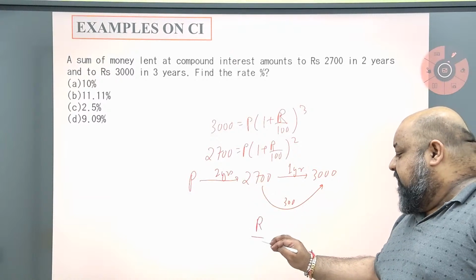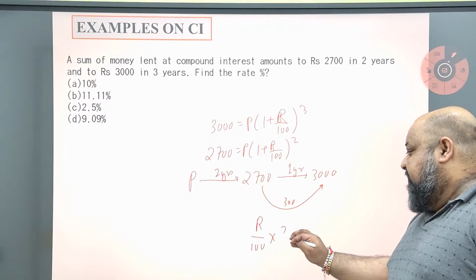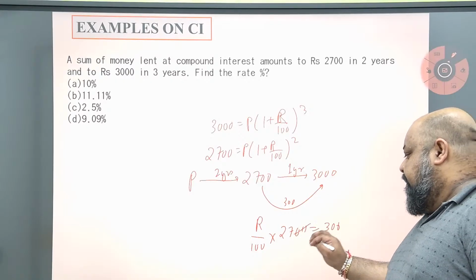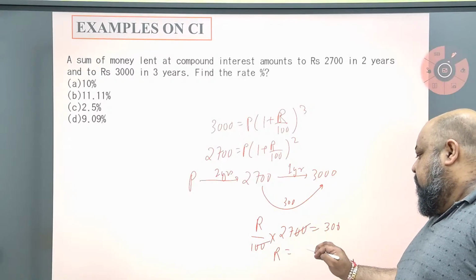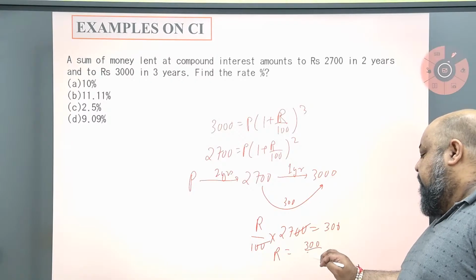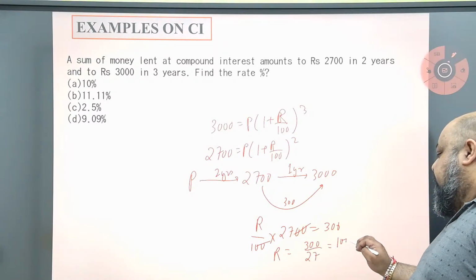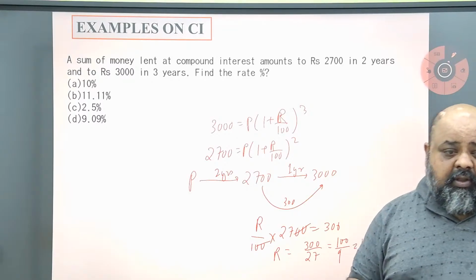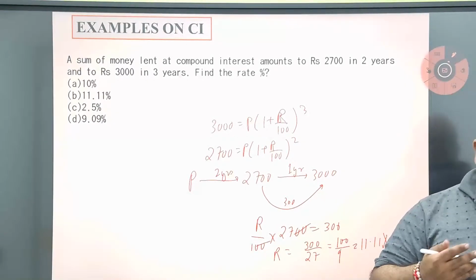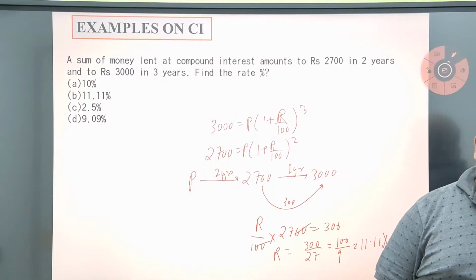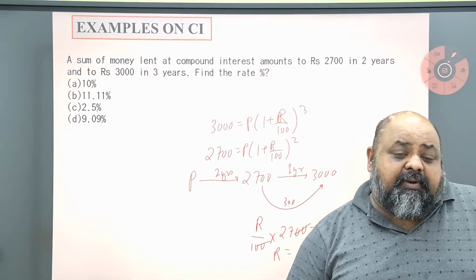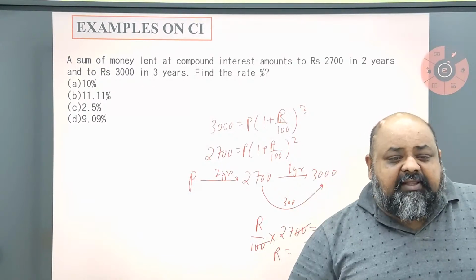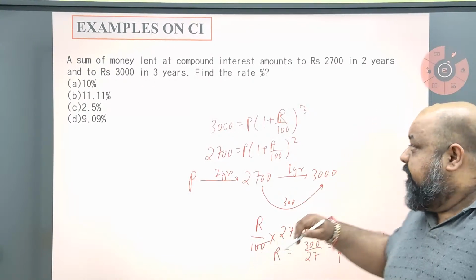So I write R% of 2700 is equal to 300. R is equal to 300 upon 27 or 100 upon 9. 11.11% becomes my answer. So the steps for that calculation reduce drastically. And since I'm using a basic property, I'm more confident in attempting the question. I don't need to remember formulas, I know the concept.